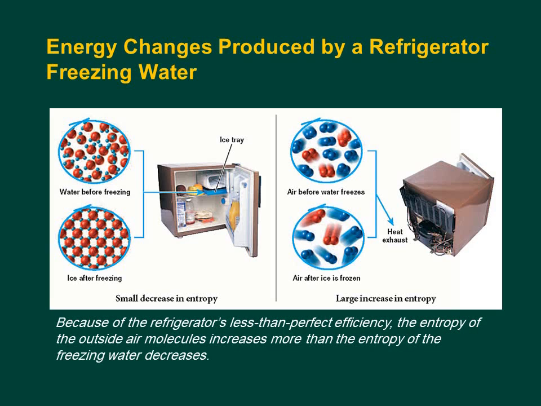So the entropy outside the refrigerator increases. So inside the refrigerator, entropy decreases, and outside the entropy increases, but not by the same amount. The increase here is larger than the decrease here. If the increase equals 12 and the decrease equals 10, the difference will be an increase.